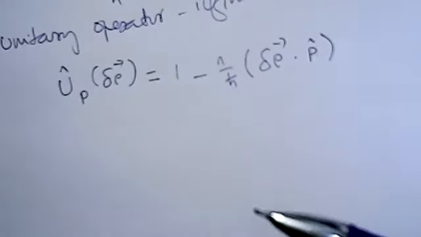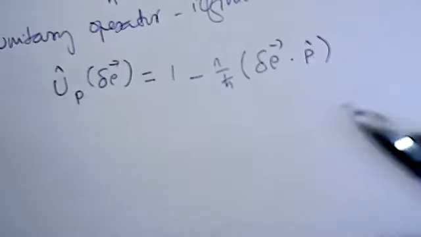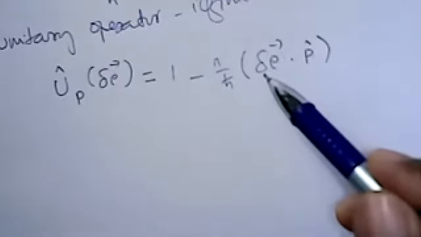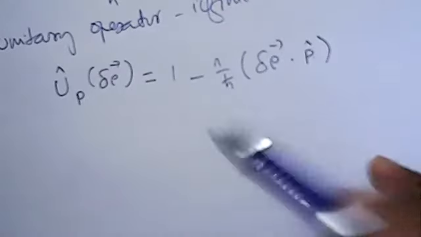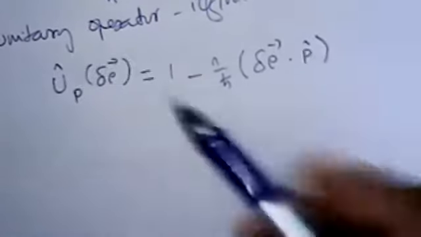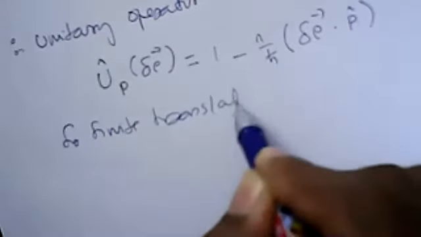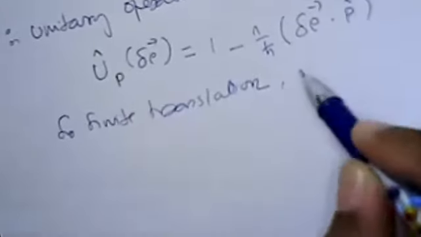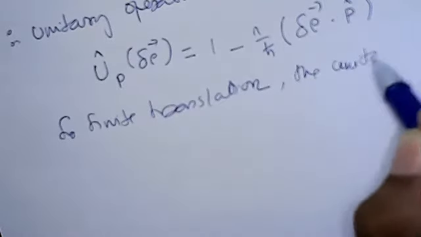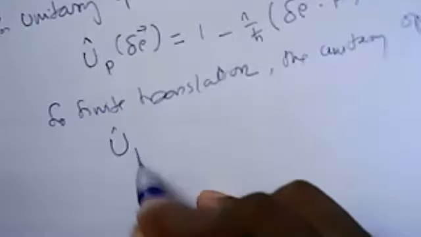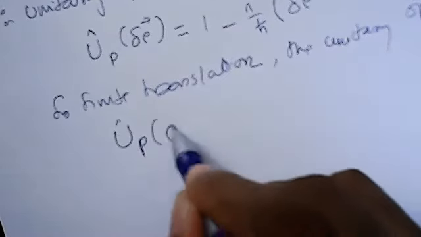If you want a finite translation rho, you have to perform this infinitesimal translation many times, and so you will get the finite translation. For finite translation, the unitary operator capable of doing it is U_p of rho.